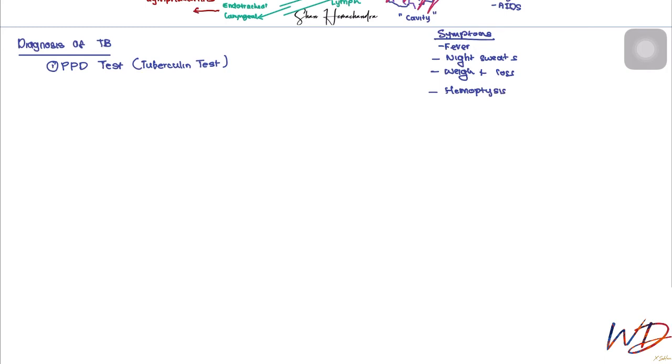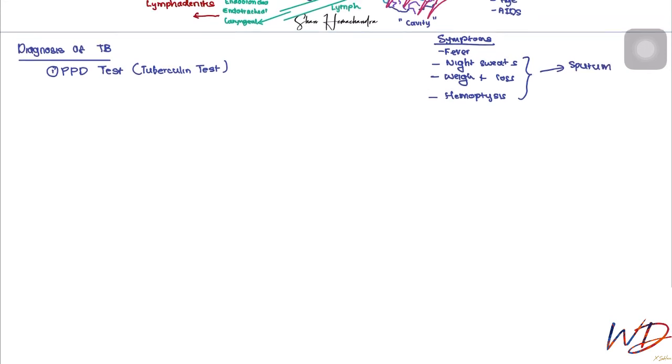So what do we do? We take the sputum and send for testing, for acid fast testing. Or you can do a bronchoalveolar lavage and again send for testing. This is to see if there is active TB.